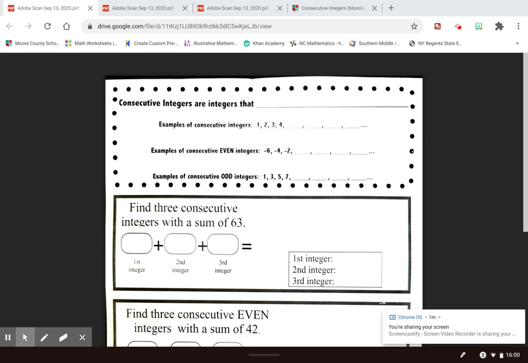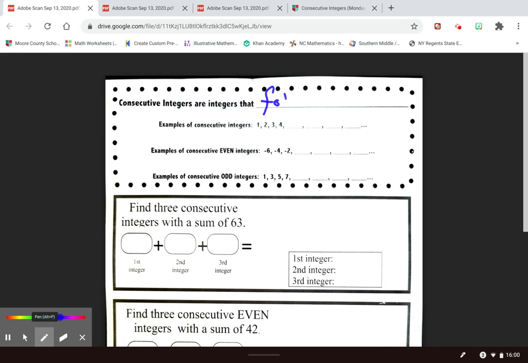So consecutive integers are integers that, in a basic definition, follow each other. Okay? So they're basically integers that come one right after the other.